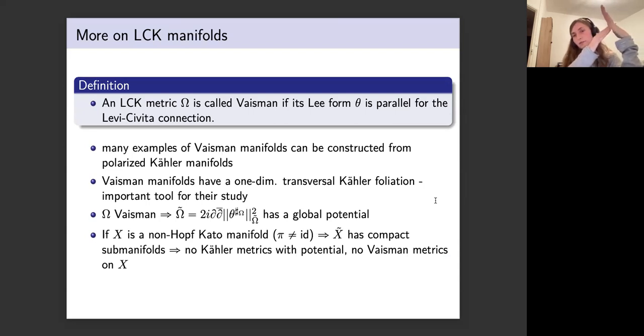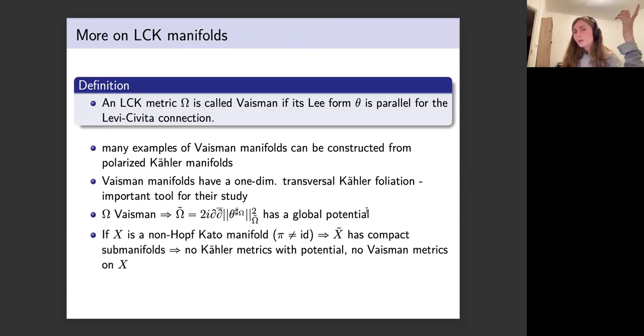And in the universal cover, they will still remain compact hypersurfaces. It's just that you will have infinitely many components. So in other words, you will have compact complex submanifolds in your universal cover. And this will not allow you to have a Kähler metric which has a global potential.